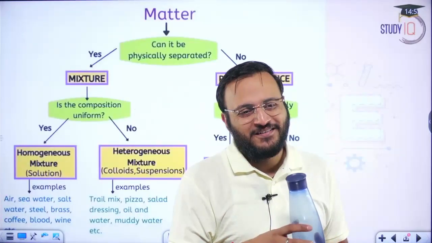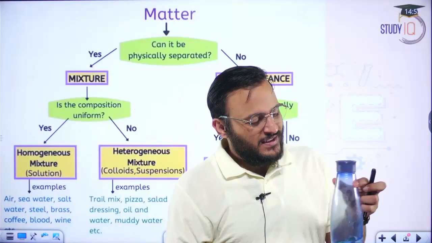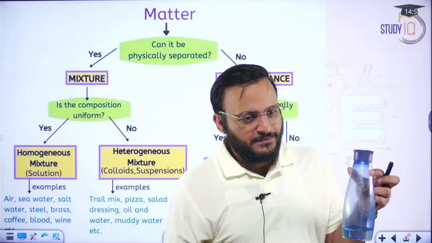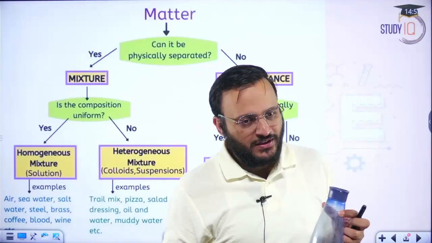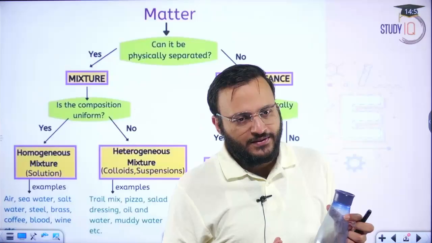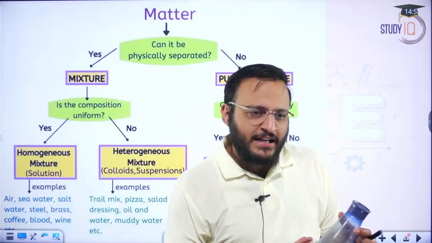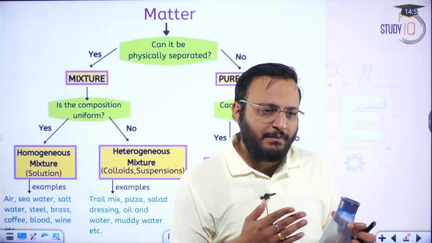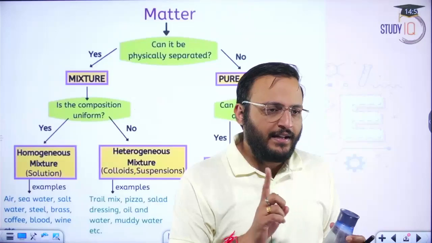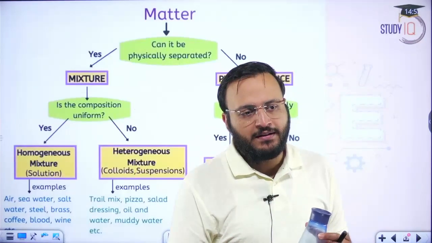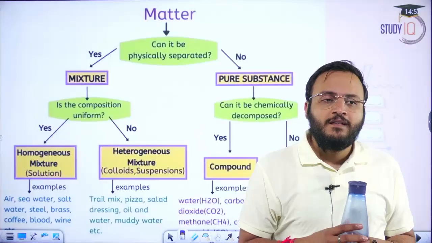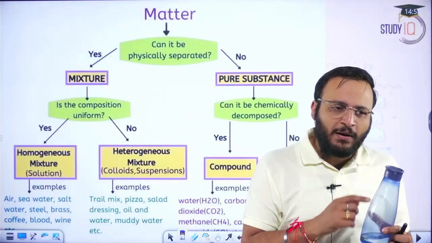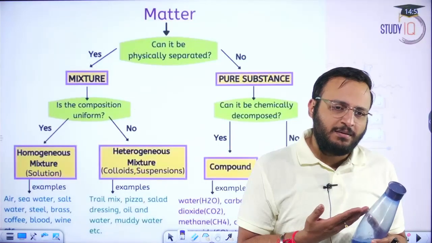You cannot separate the hydrogen and carbon by just heating this plastic. It will melt and again it will solidify. It will not give you separate hydrogen and carbon anyhow. So this is a compound. Plastic is a compound only, right?